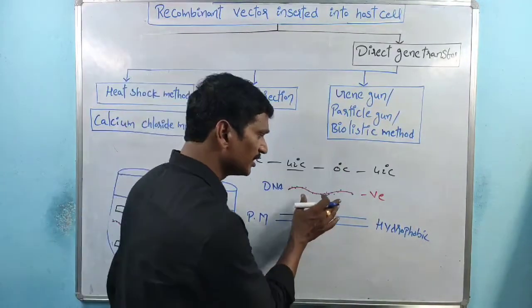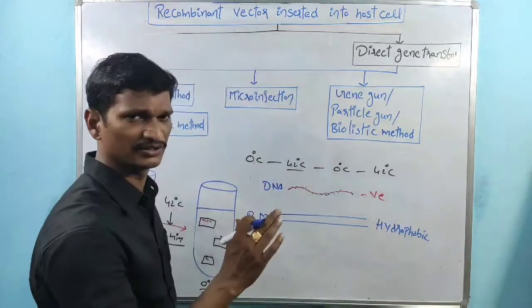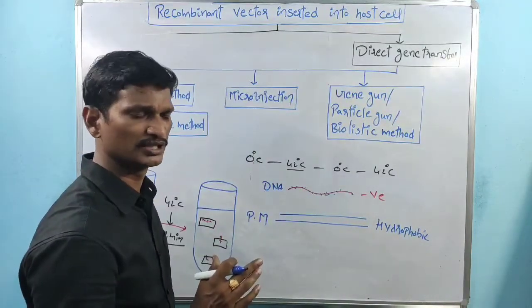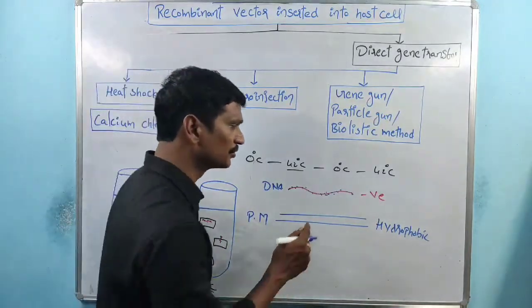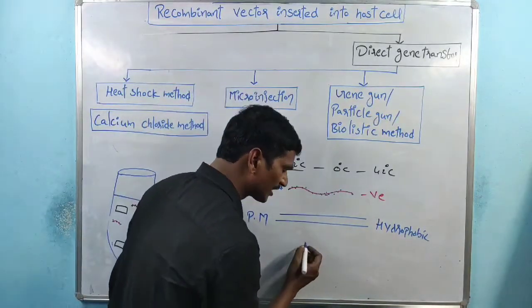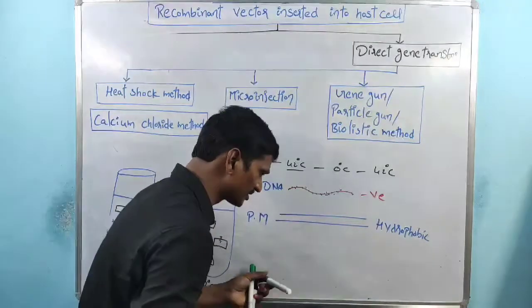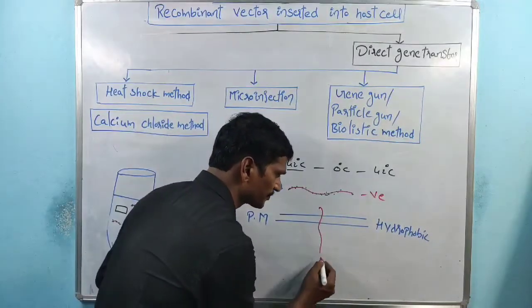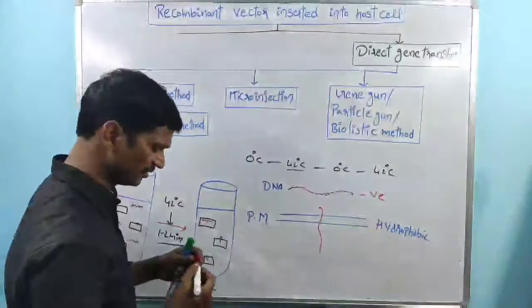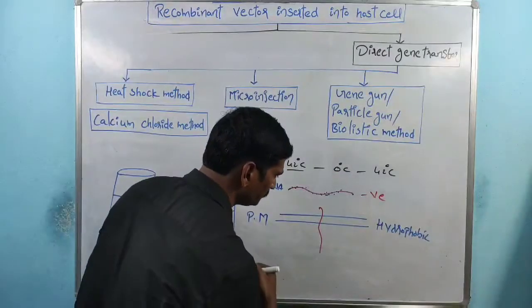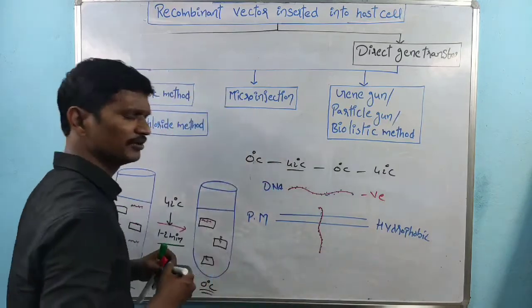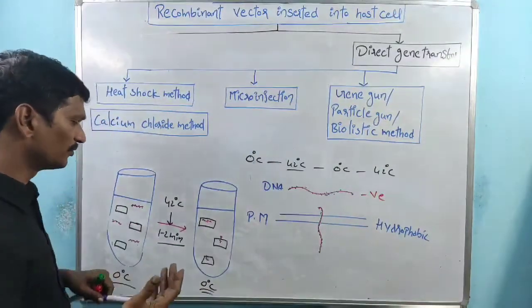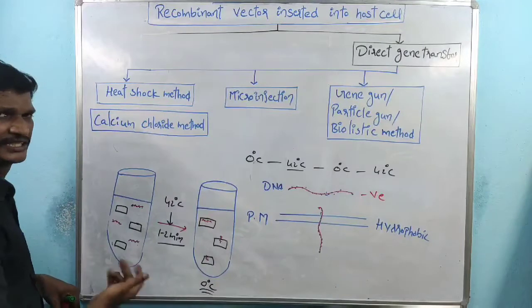So when we treat with calcium chloride molecules, the DNA gets a neutral charge, and then the neutral DNA easily crosses the plasma membrane in the presence of these calcium chloride molecules. Then why are we changing the temperature?